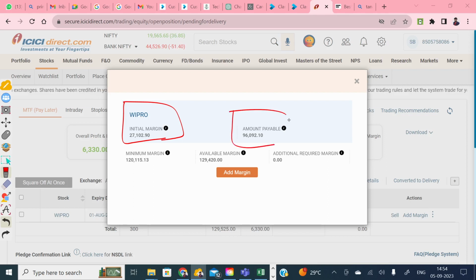The broker paid 96,000, and if I pay 96,000 to the broker, let's say now, only then can I claim the ownership right in this particular security. And now just relate that. Anyways, luckily this trade is in profit.